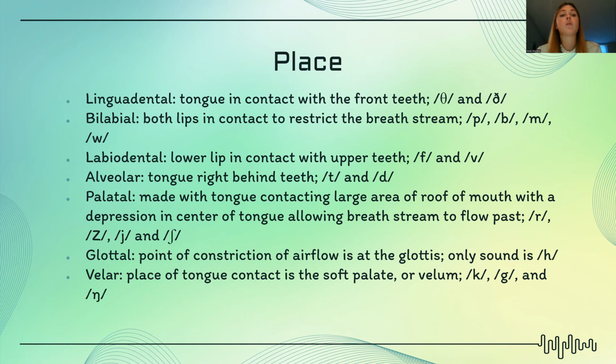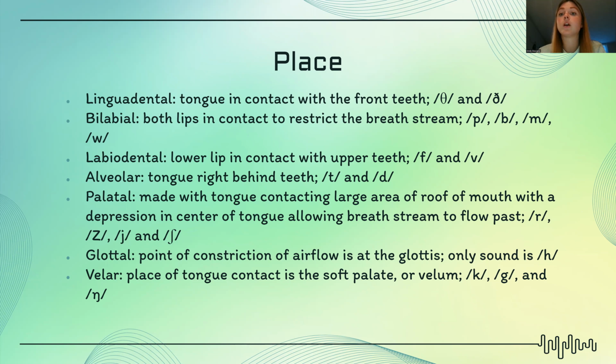The next type of sound is bilabial. That means we put both of our lips together. You can break that word down too: bi means two, and labial means lips. You contact your lips together to shape the airflow when you make these types of sounds.